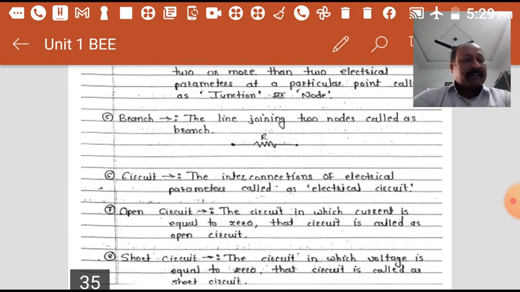That circuit has only voltage and there is no current. That is called an open circuit. The third circuit is the short circuit. Under this condition also, when we switch on, the fan refuses to start. But here the voltage becomes 0 and the current is maximum.